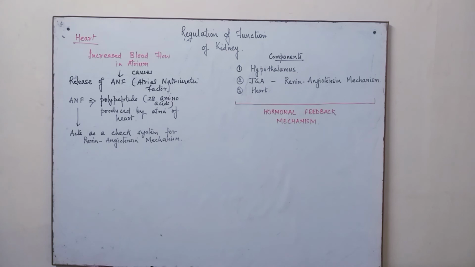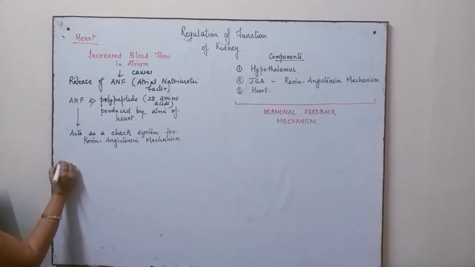And how is this brought about? It acts in three ways. Now, first, how does it act? ANF role.